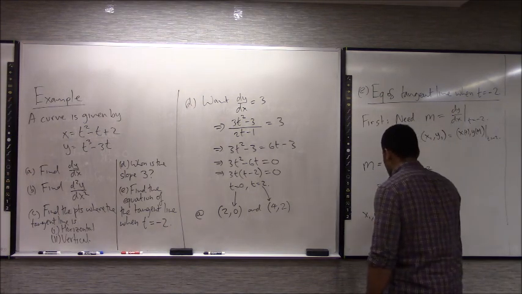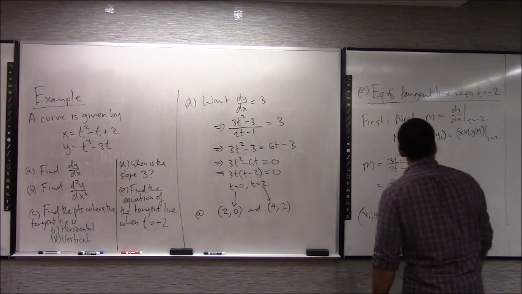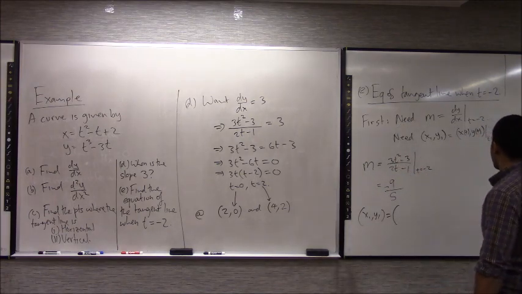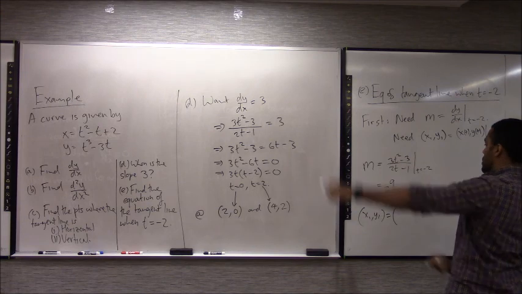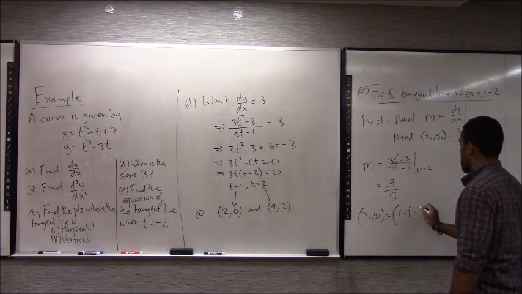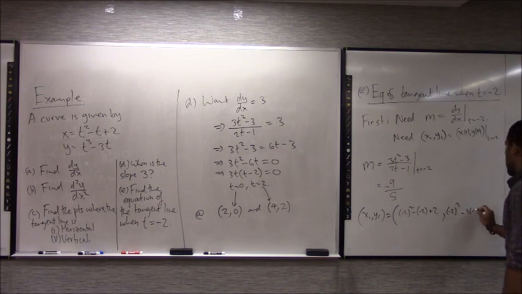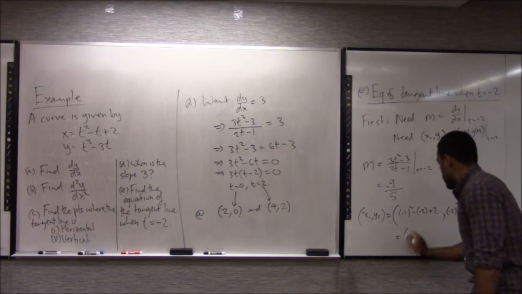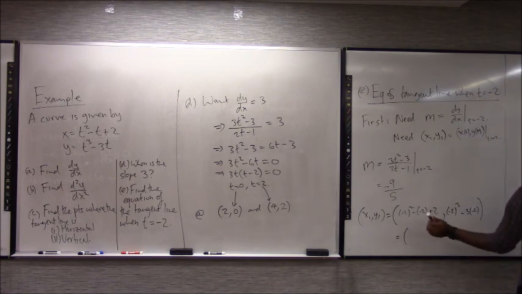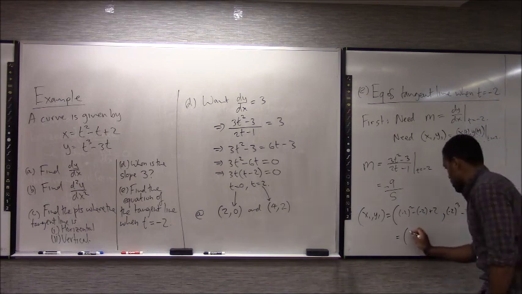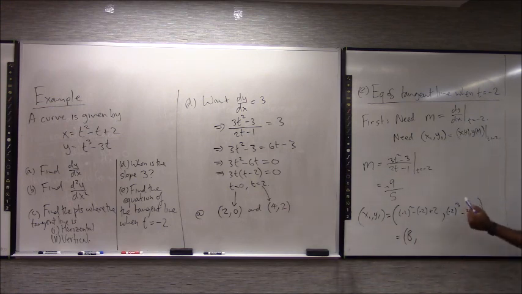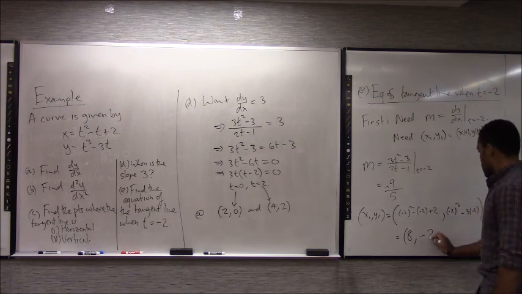And x1 comma y1 is going to be equal to, I'm going to plug in -2 for t in the x. It's going to be -2 squared minus -2 plus 2, comma, -2 cubed minus 3 times -2. That's going to be 4 plus 4, that's going to be 8, comma, it's going to be -8 plus 6 minus 2.